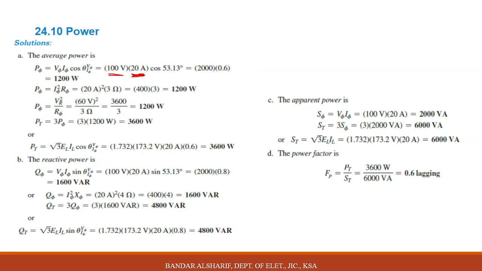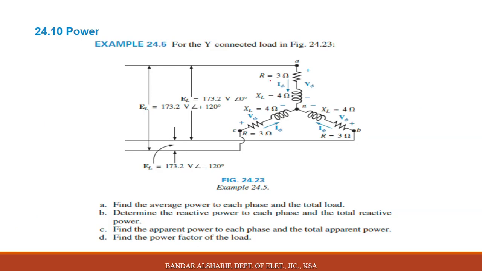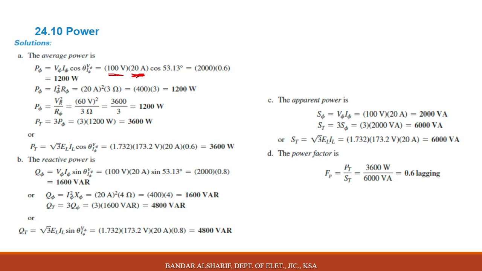By dividing 100 by the total impedance. Here the magnitude of the impedance is 5 ohm. If you calculate the 3 ohm resistor and 4 ohm inductor, you will find it is 5 ohm as a magnitude, not the angle. You need to calculate it if you need to find the angle. They divide 100 by 5, and they got 20 ampere.